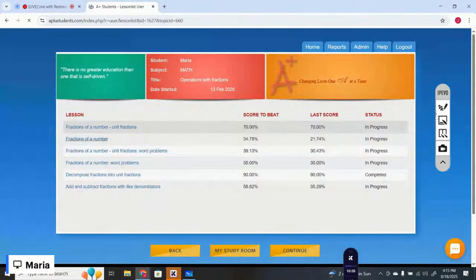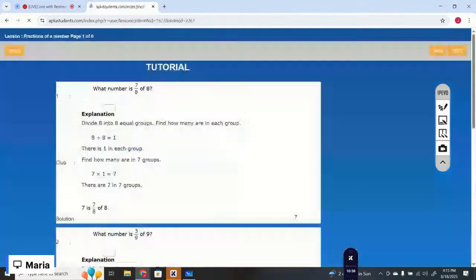That is fractions of a number. What number is 7 by 8 of 8?